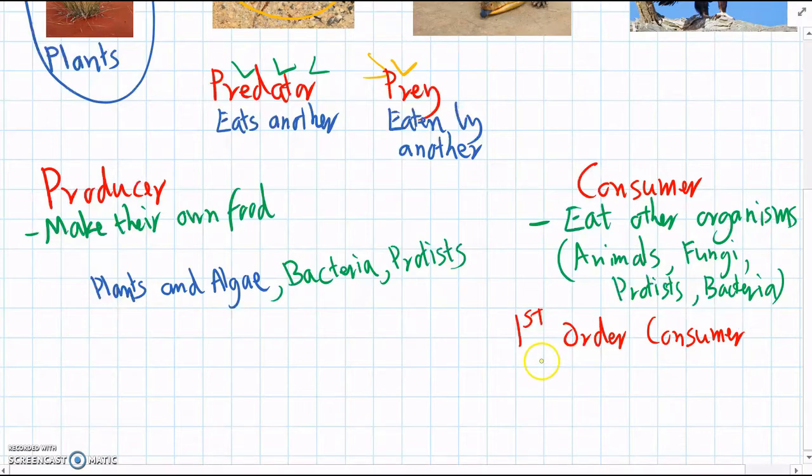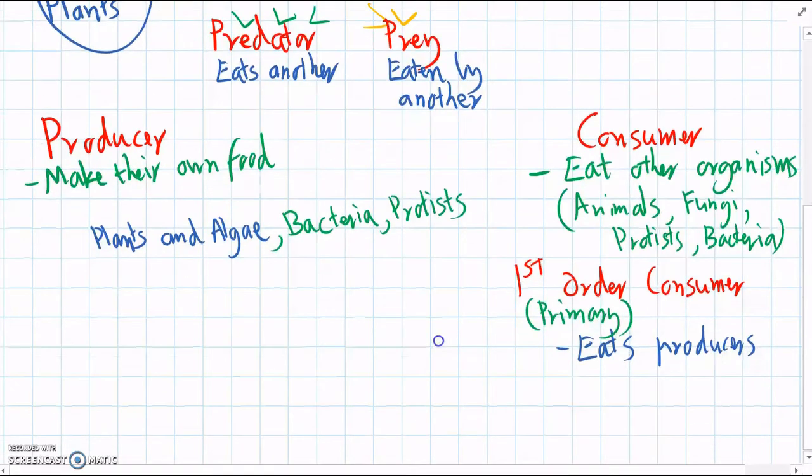Sometimes you might hear it being called the primary consumer as well. The primary consumer eats plants, so it eats the producers, which means that all the first order consumers must be herbivores.